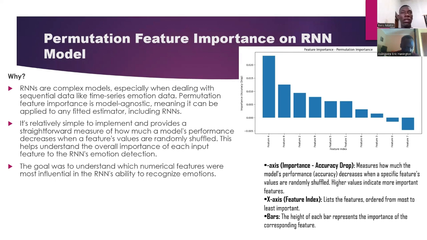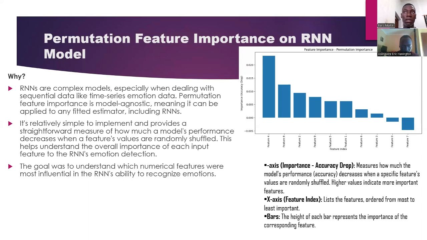Permutation feature importance works as the model is making predictions: it takes specific features and randomizes their values to see the effect on the prediction. If a slight change of a value causes a higher change in the outcome, it means that feature is more important than the others.